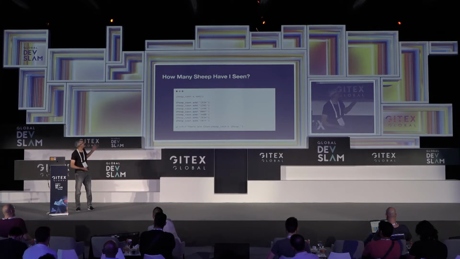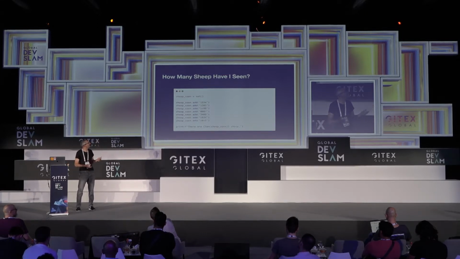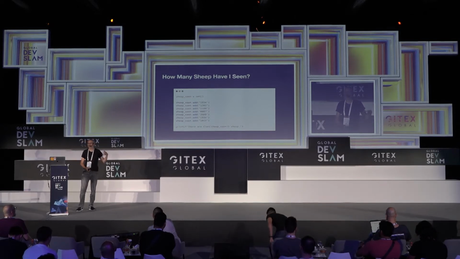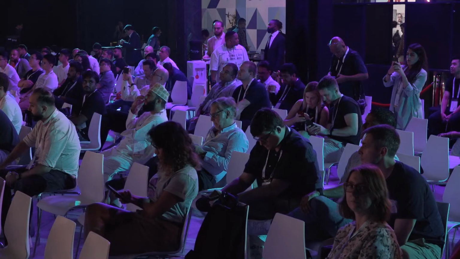If we add 1934 a couple of times, it will only appear once in the set. And then we can say to it, how many things have we seen? What's the length of that set? And it's going to be right all the time. It's going to tell us how many distinctly different things we've seen. So easy. We can do that in Python, no problem at all.